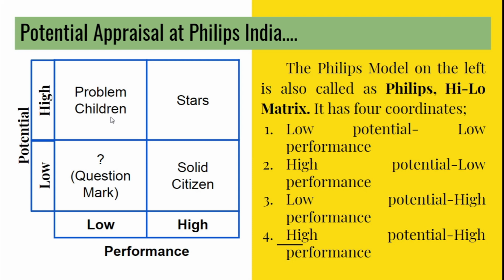Okay. In the low potential, high performance category, we call the employees solid citizens. Why do we call them solid citizens? Let's understand this. These employees have relevant skills for present jobs but lack potential for higher jobs. When we say such employees have relevant skills, we are saying they are well versed to carry on the present jobs in the best way possible, and hence they are called solid citizens.